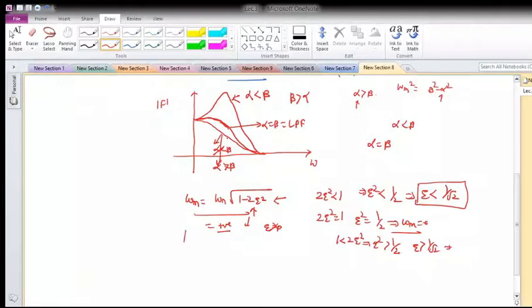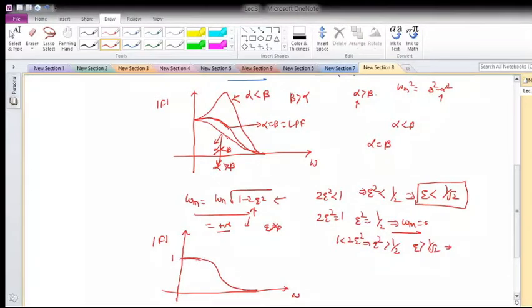Let me draw again the magnitude response for various values of zeta. This axis is for frequency, and this is for magnitude response. Magnitude at omega equal to 0 is 1. When zeta is equal to 0, the response will be like the low pass filter response, which is monotonically decreasing.